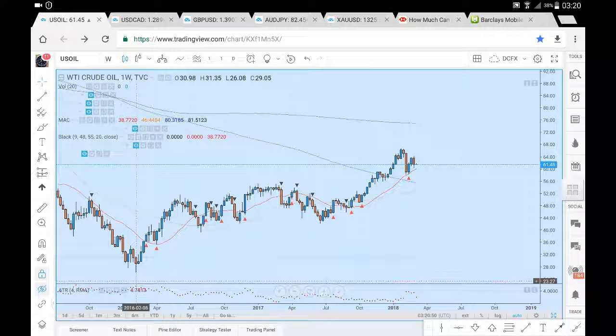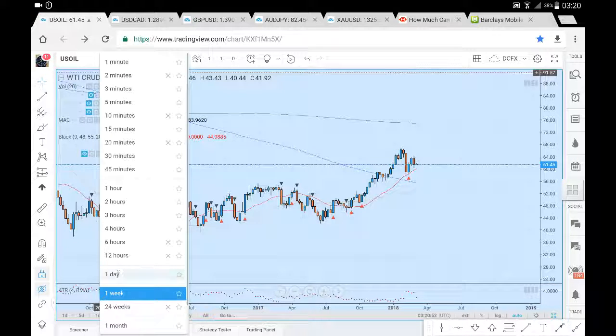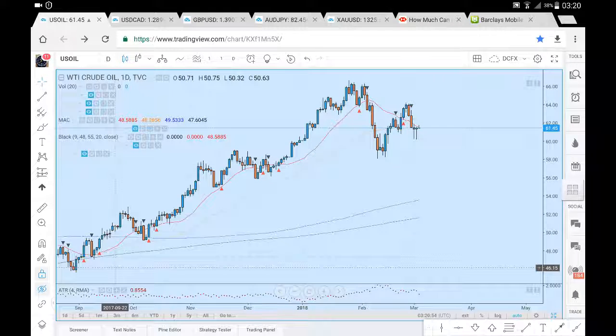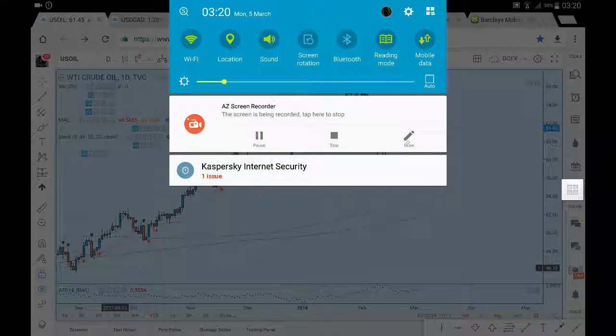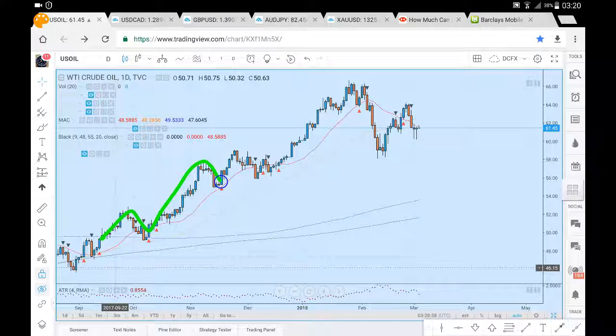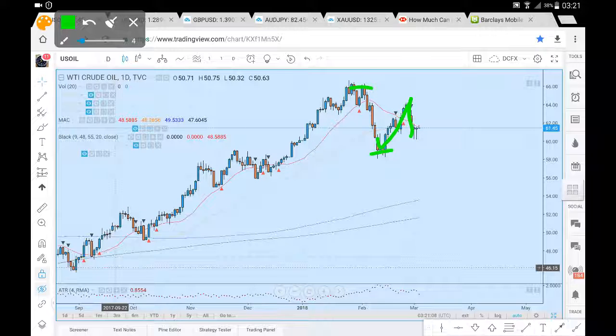Now, let's just have a look at the daily chart before wrapping up here. So we head over to the daily chart, and what can we see here? We've had this move upwards, brief pullbacks, a very strong trend to the upside, and a sharp retracement. We covered quite a bit of distance over a very short period of time. We've had a recovery, and we continue to have some sell side momentum here on the US oil.